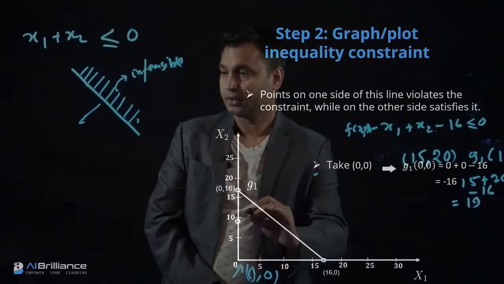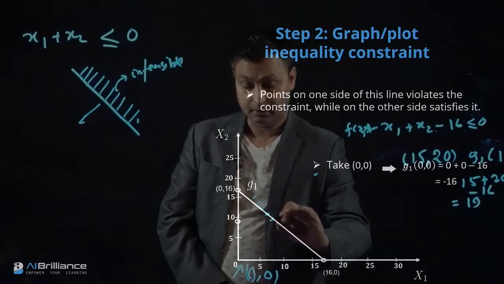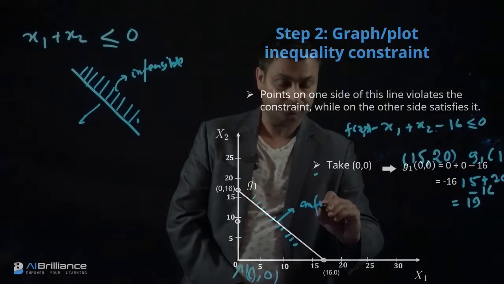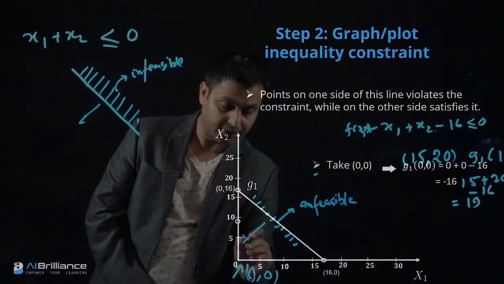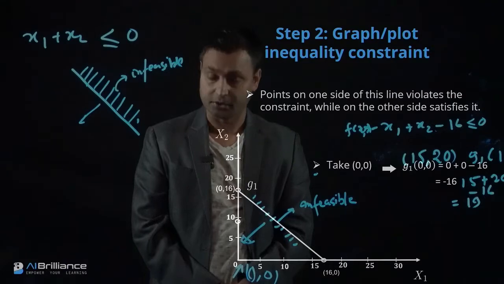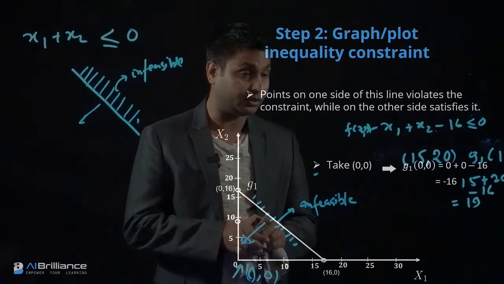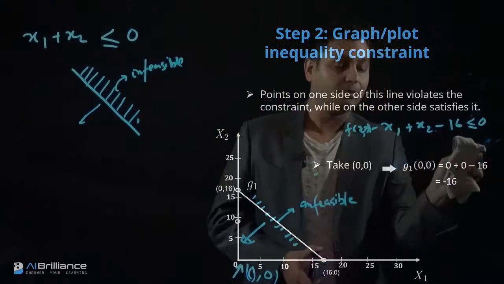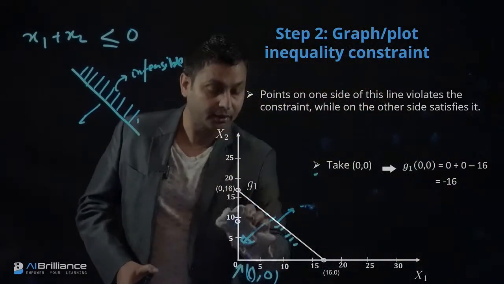So what we do is we take this line and draw these hatches, which tell me that this region is infeasible, whereas on the other side of the line there is feasibility, and that region is feasible. That is the information that we plot for each of the constraints, especially if they are inequality constraints. So that is my step 2 for the first inequality constraint that we have.